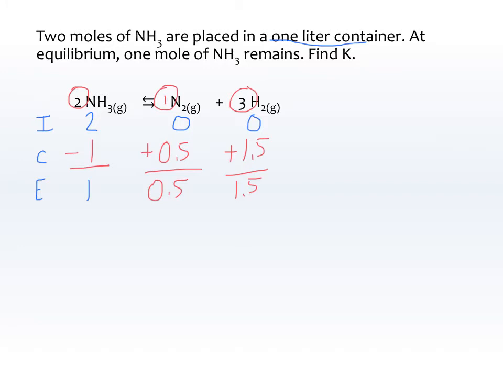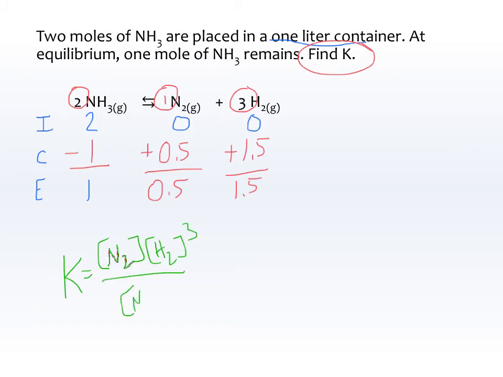Now we're going to try to find K. So K is equal to N2 times H2 cubed over NH3 squared. Plug the numbers in.